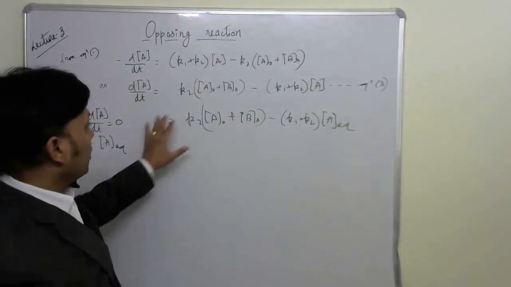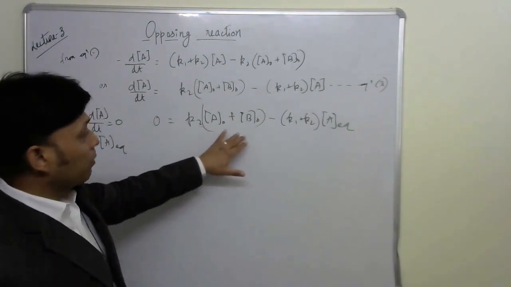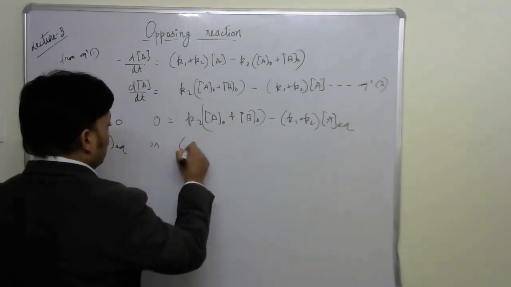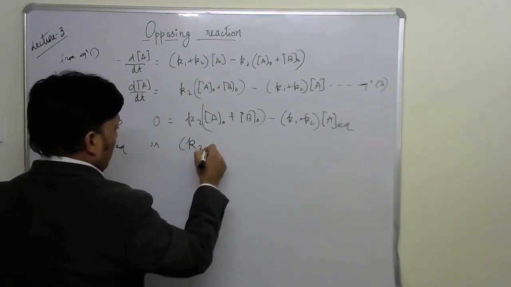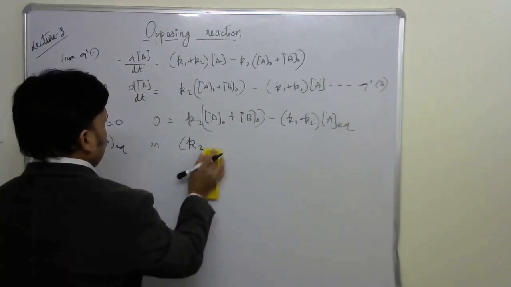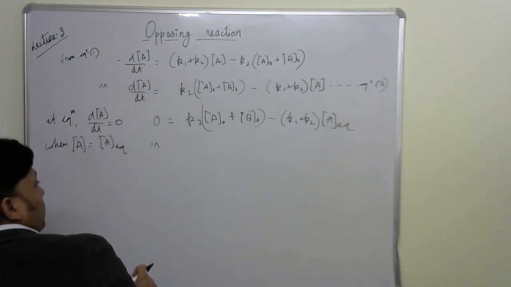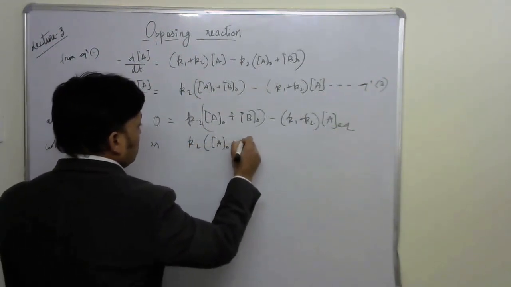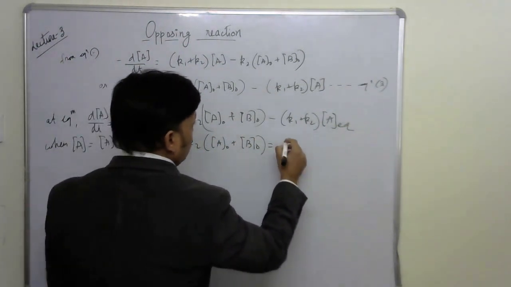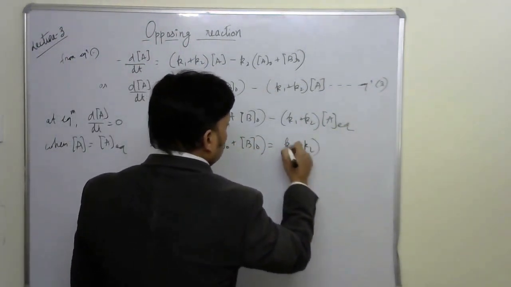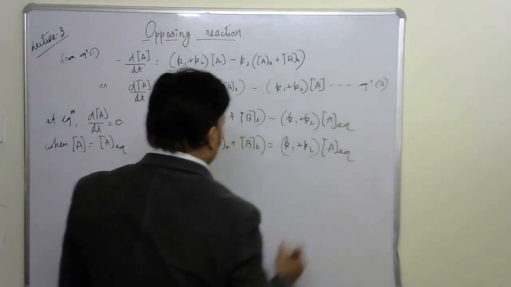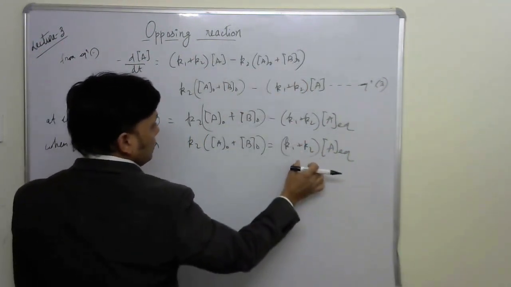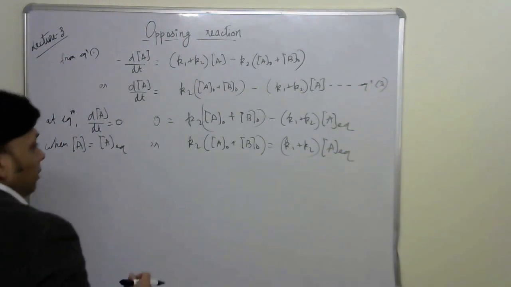So from here we try to get the value of K2 multiplied by A naught plus B naught. So we can write that K2 multiplied by A naught plus B naught is equal to K1 plus K2 multiplied by A equilibrium.